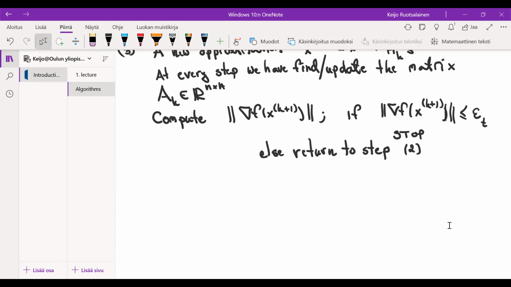So we have to update at every step the search direction, and then we have to update this matrix Ak. And these are, let's say, the general strategy, how all the iterative techniques work.